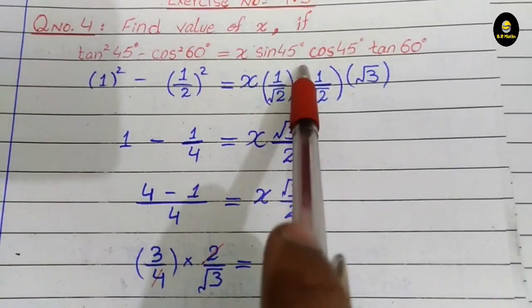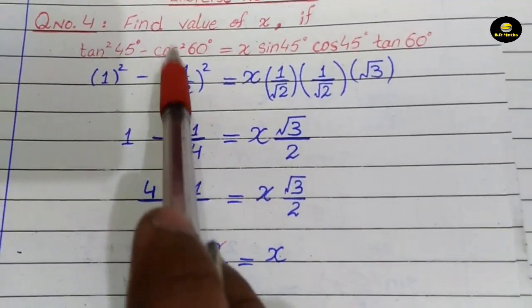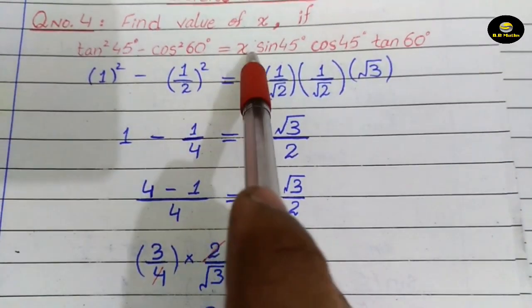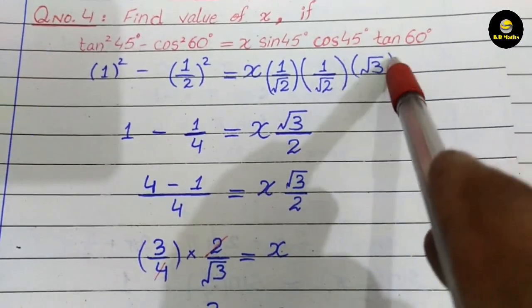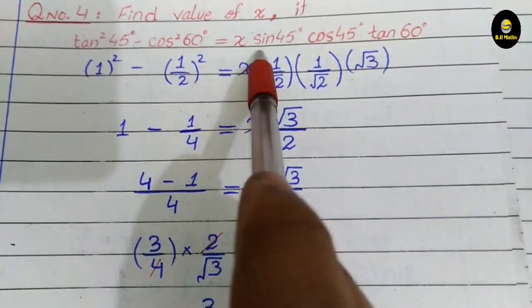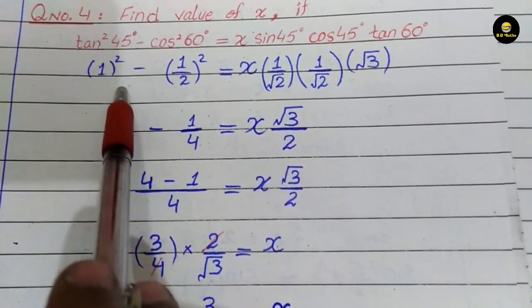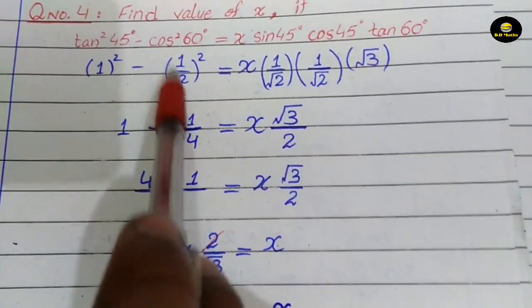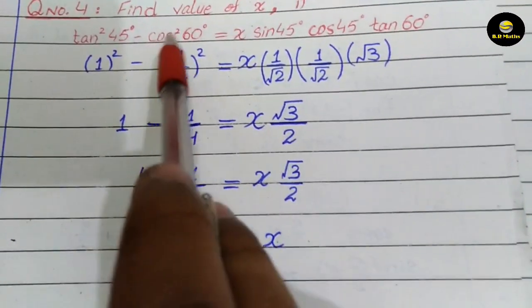Find the value of x if tan square 45 minus cos square 60 equals x sine 45, cos 45 and tan 60. So find the value of x. Put the values. Tan 45 means 1, squared. Similarly, cos 60 is 1 by 2, squared.